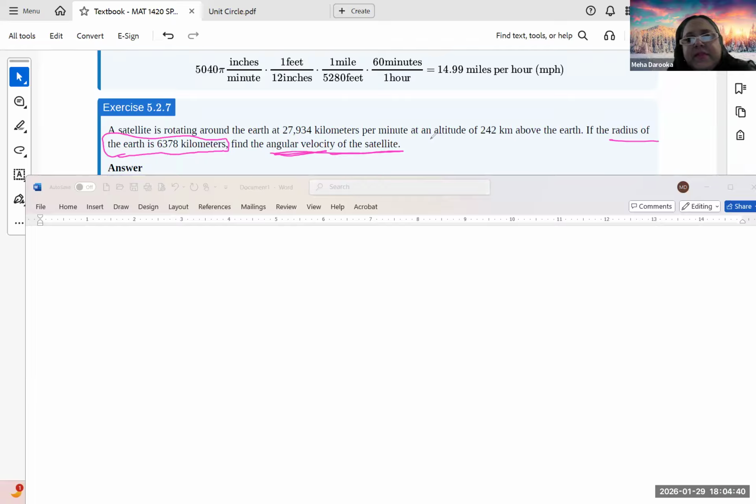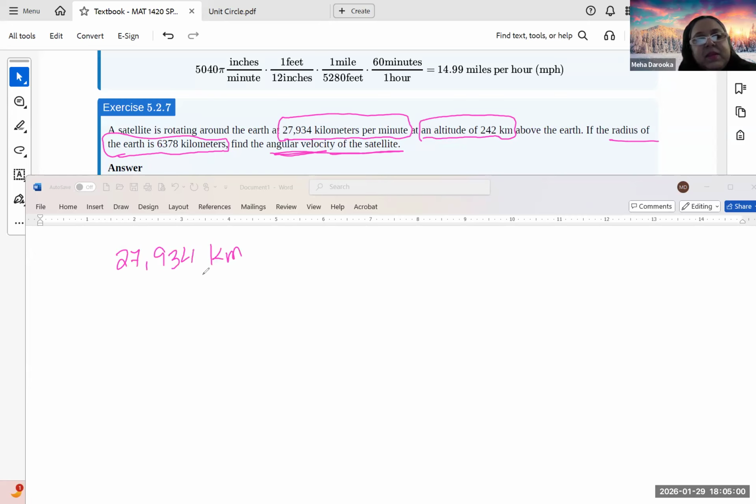So there's a couple different things happening over here. They're telling you that the satellite is rotating around the Earth at 27,934 kilometers per minute, right?